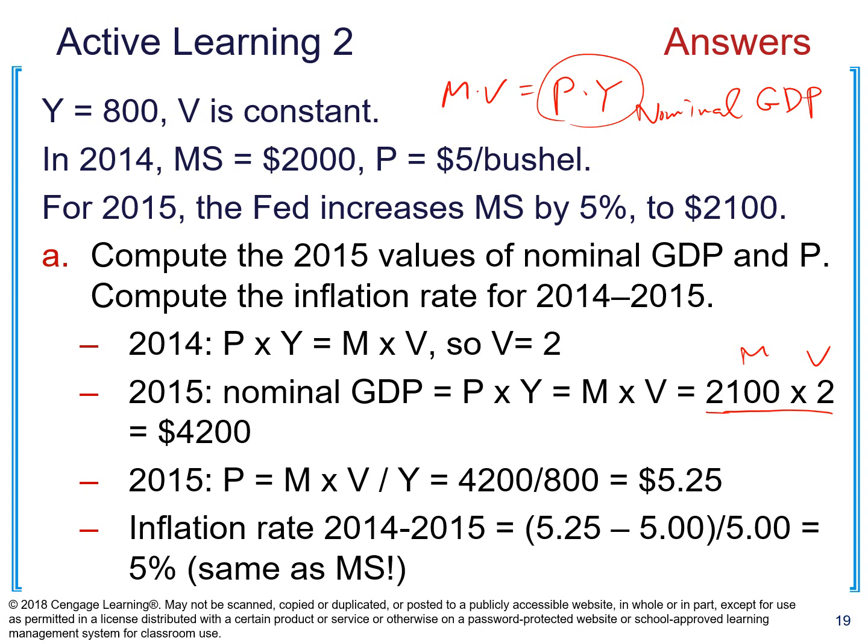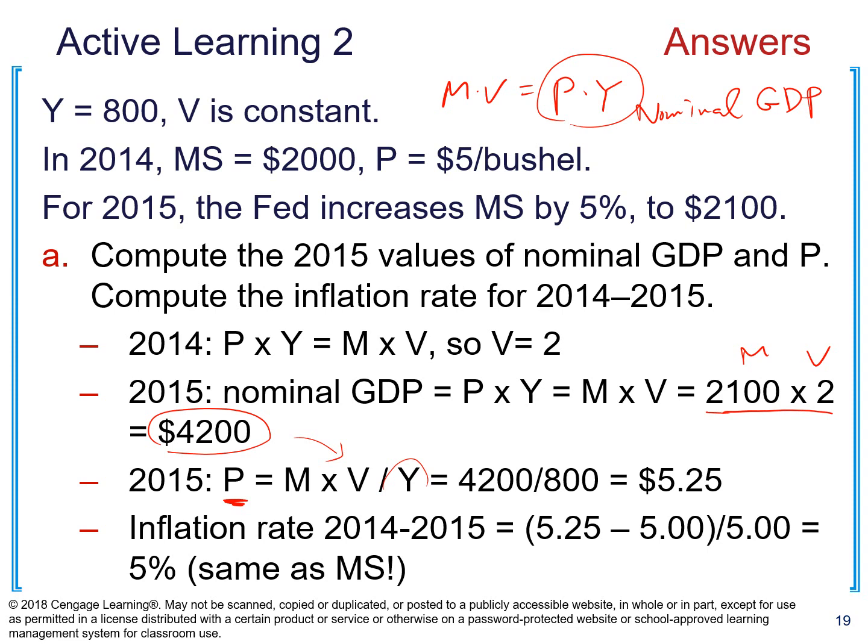And now for 2015, we can figure out the price level using this formula, and we know MV, MV divided by Y, that's $5.25.